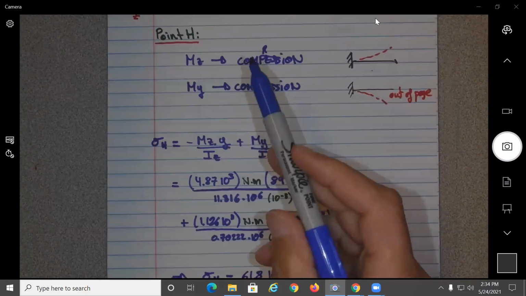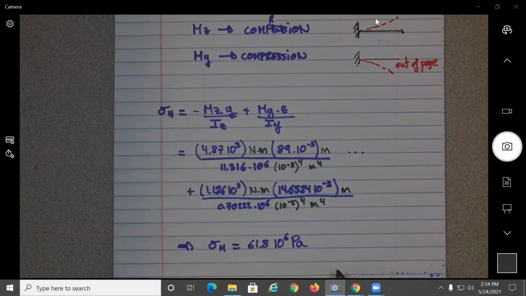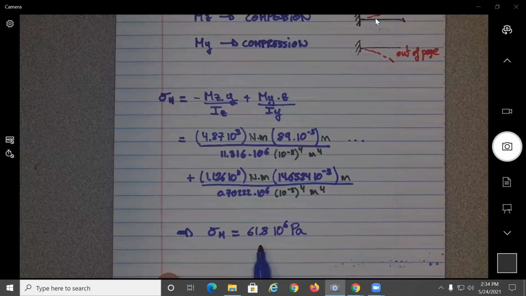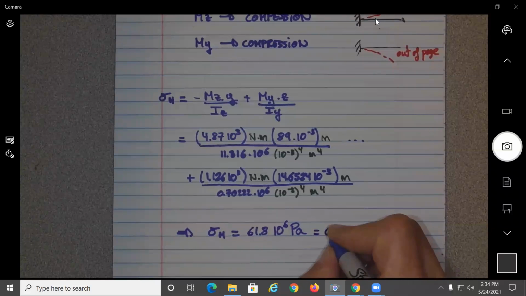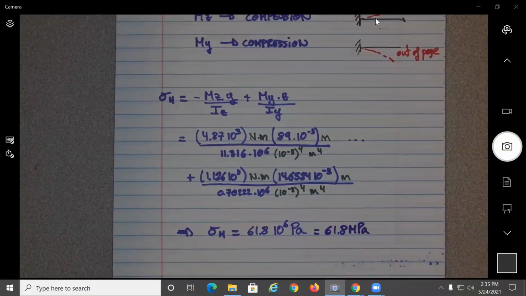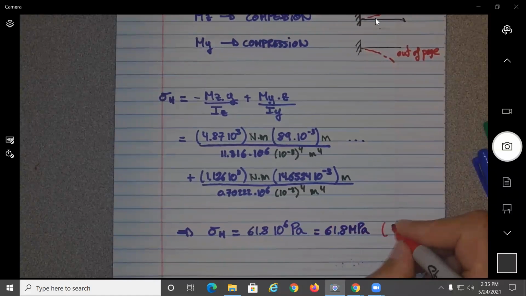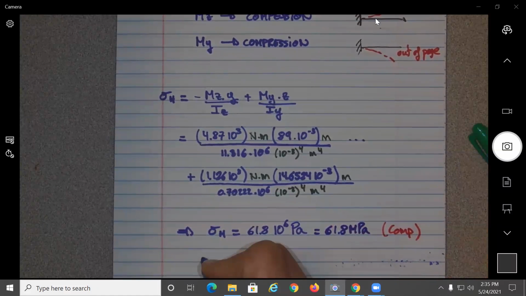So here you have two choices to give me the result. Is H in tension or compression? It will be in compression, okay? The preferred way that I like more is that you give me 61.8 times 10 to the 6, which is equal to 61.8 megapascals, and you write down compression.